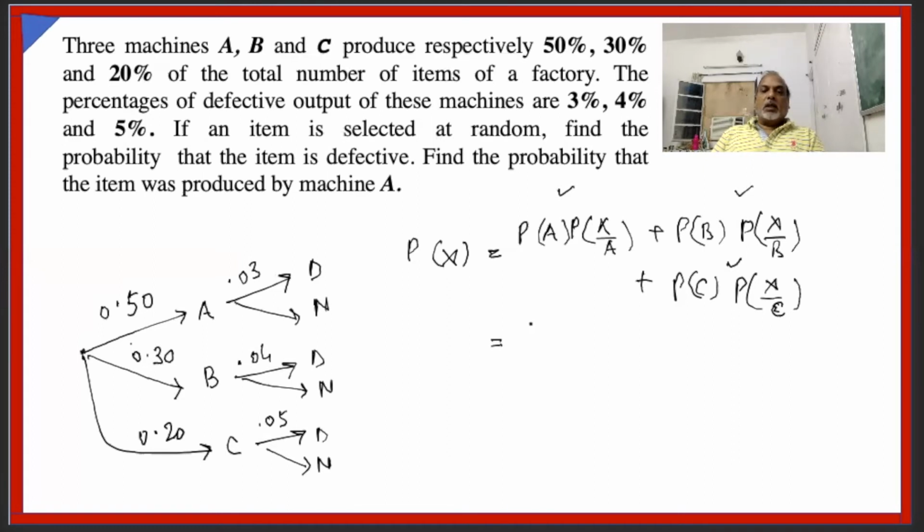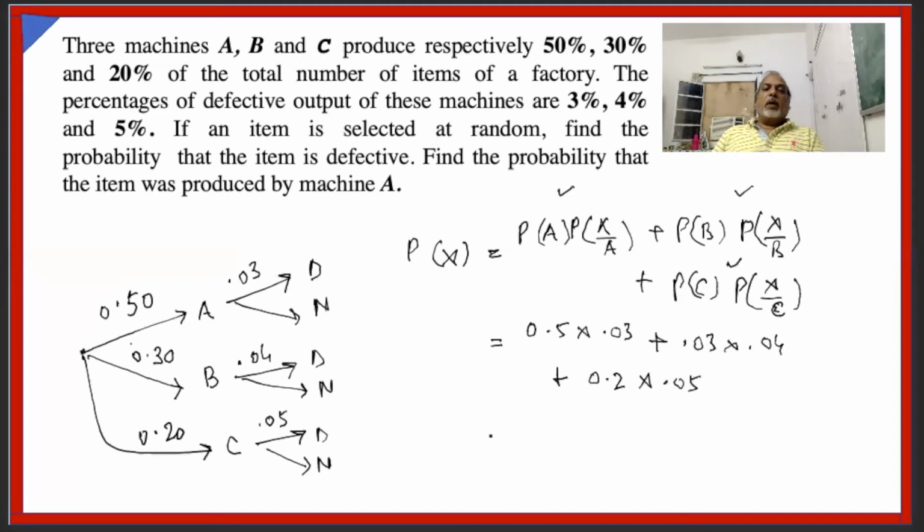So what is this? This will be nothing but 0.5 into 0.03 plus 0.3 into 0.04 plus 0.2 into 0.05.